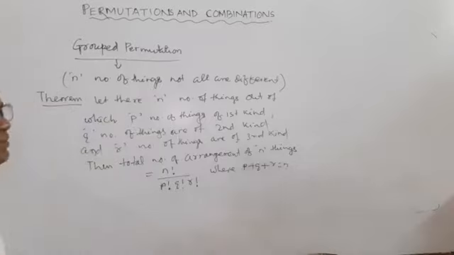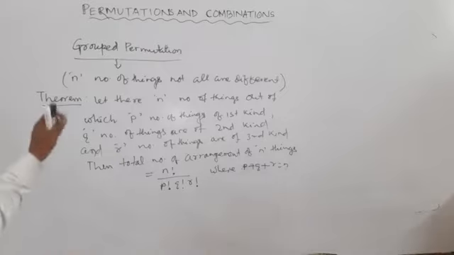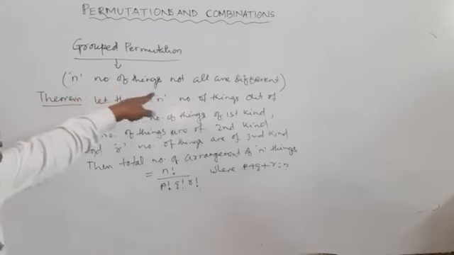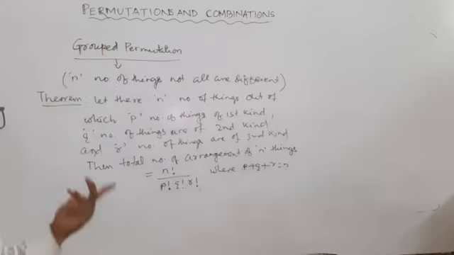Now one example. This is the sum where n number of things are not all different, meaning some identical things are present.